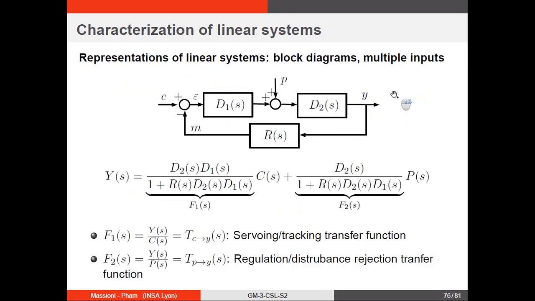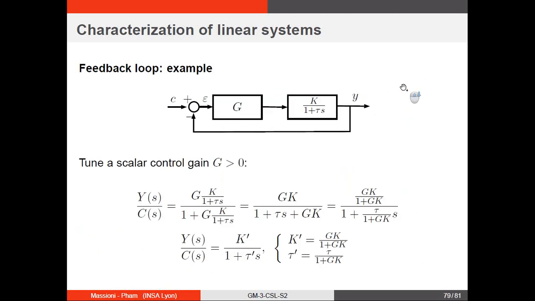So let's go back there. Numerator direct line, G times K divided by 1 plus tau S, divided by 1 plus G times K divided by 1 plus tau S. Here we have just 1, so the loop transfer function is equal to D.